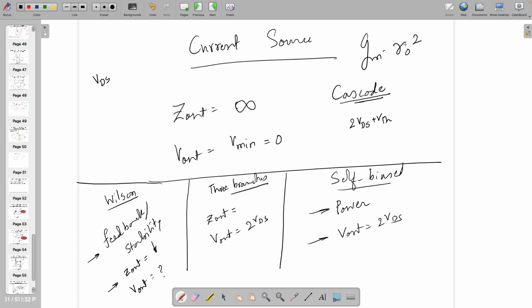If every transistor is perfectly matched and every ro is correct, it gives you gm ro squared, or gm ro to the power n plus 1. This is what you can get as you are adding the number of stages.